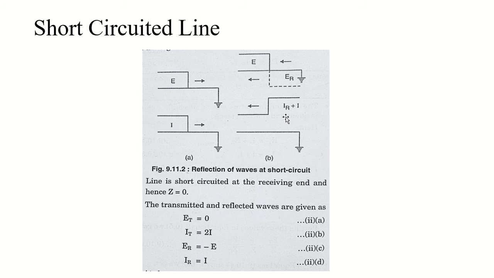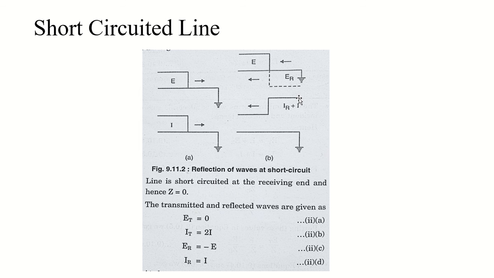It will be equal to 2I, which means IR plus I, and if the value of It equals 2I, which means IR and I both are equal, right? ER and E will be equal, but because they are in opposite sides and cancelling each other's effect, they are equal and opposite, so ER equals minus E. So we all know at short circuit what happens: voltage is always 0, so you have Et 0, because E and ER are cancelling out each other.